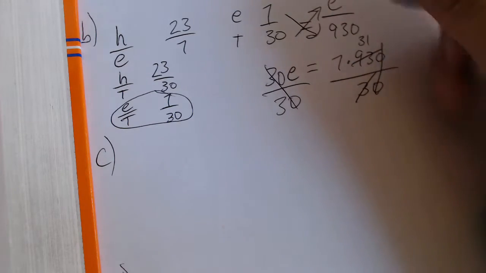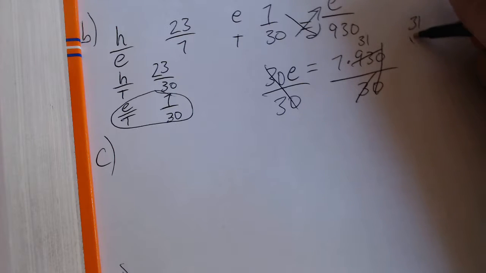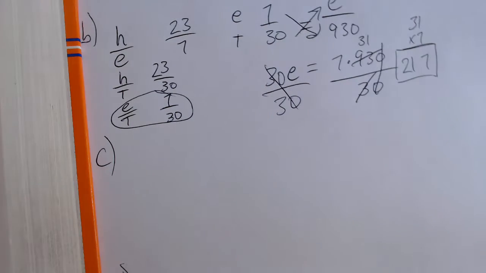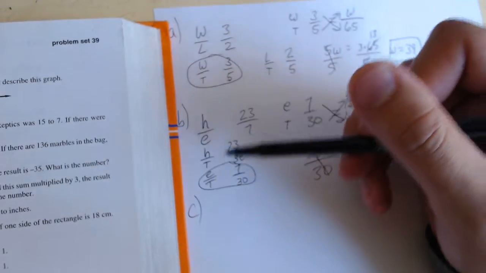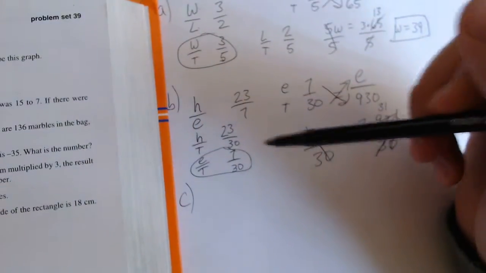So 31. So 7 times 31 will give us our answer. So let's take 31 times 7. We get 217 easy problems. And that's our answer. So that's advanced ratios. We just have to make sure that we write the three ratios that come with every problem and then choose the correct ratio to solve.